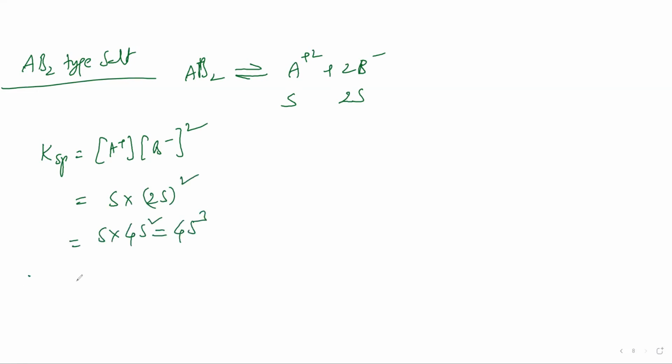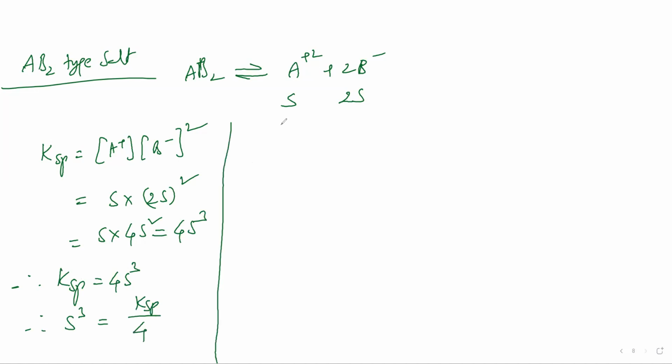So therefore, KSP is equal to 4S cube, right? So S cube is equal to KSP by 4, therefore S is equal to KSP by 4 whole power 1 by 3. So in this way, we find out solubility products of different substances, right?